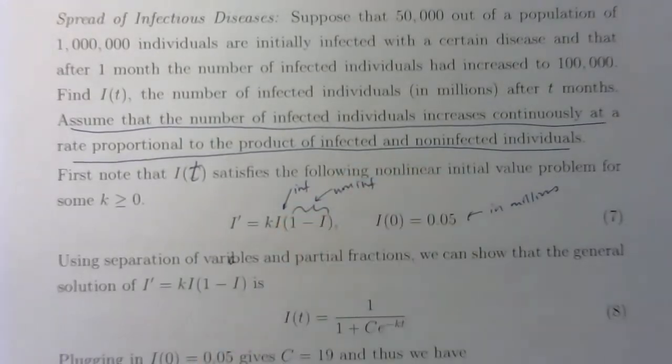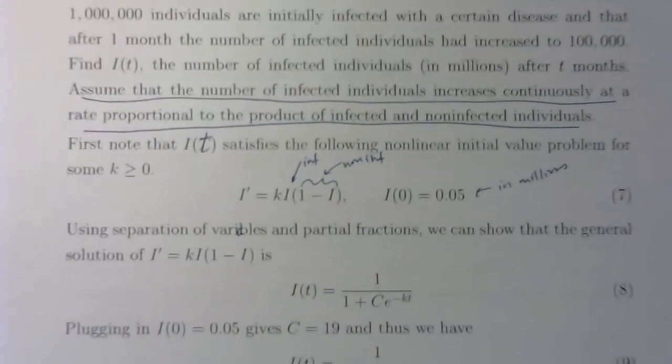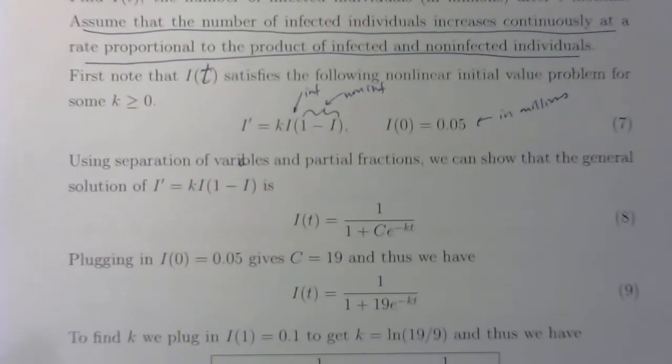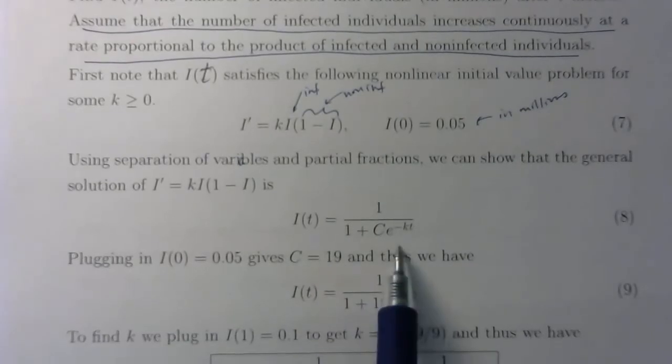Oh, yeah, lots of typos today. I can split it up with partial fractions and then solve in the same way that I just did, integrate both sides. I'm not going to go through that here. That's something we probably did extensively in differential equations. So the general solution of this guy can be written in this way.